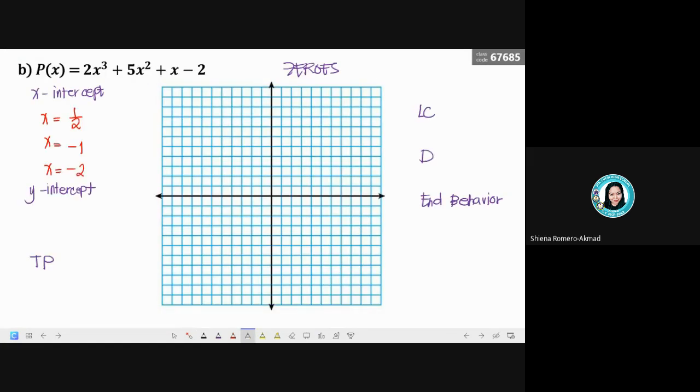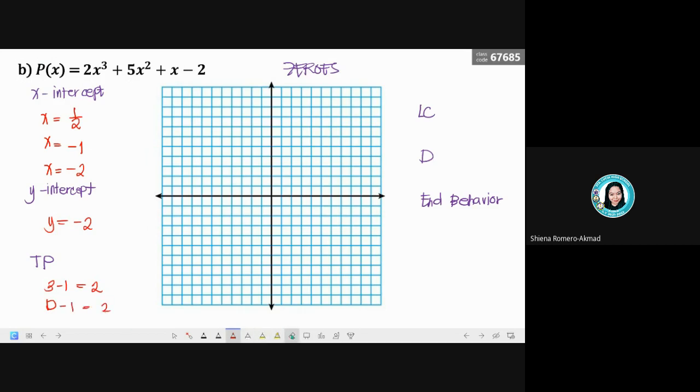So, y is equal to negative 2. Turning point, 3 yan. So, 3 minus 1 is 2.